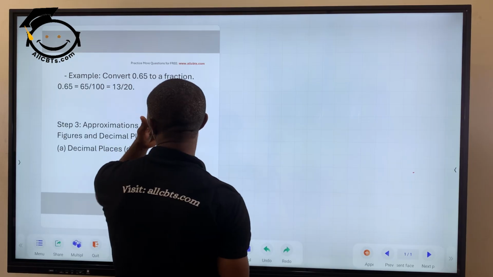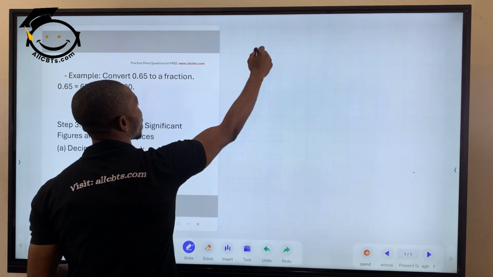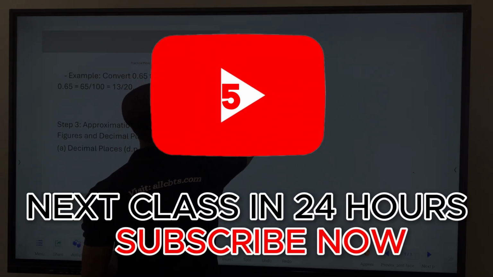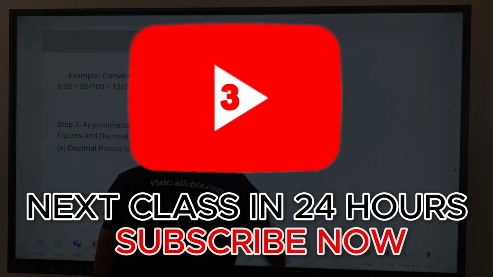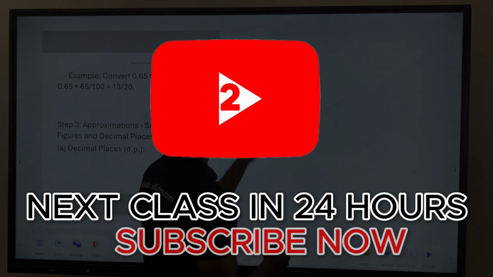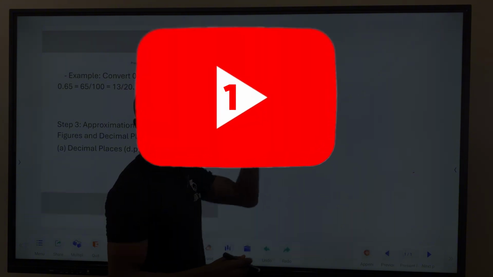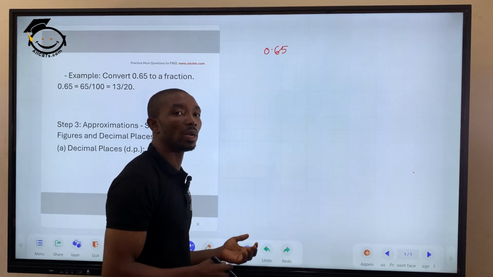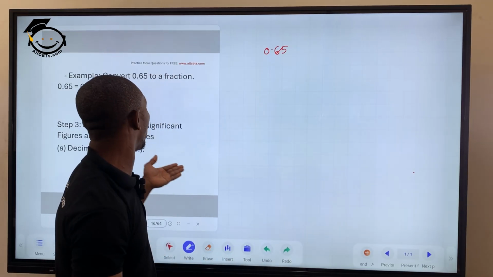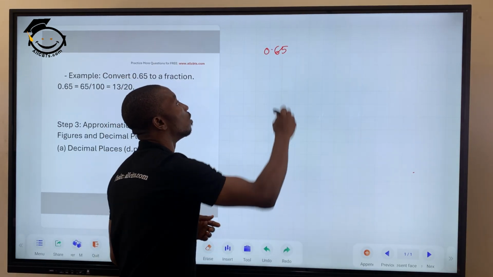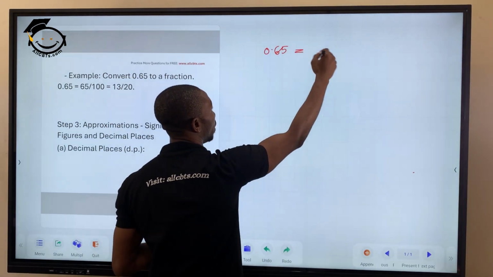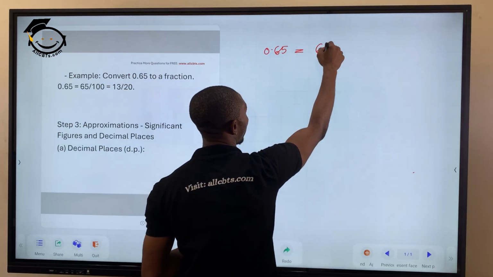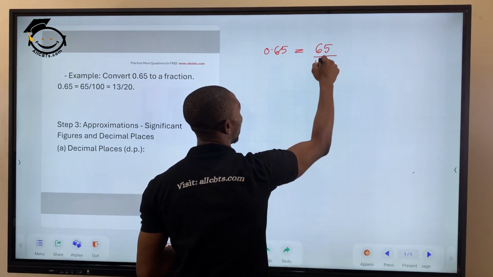All right, our next example here is convert 0.65 to a fraction. Like I said, the number of digits you have after your decimal point determines the number of zeros that will be beneath your denominator. So this becomes 65 all over 100.